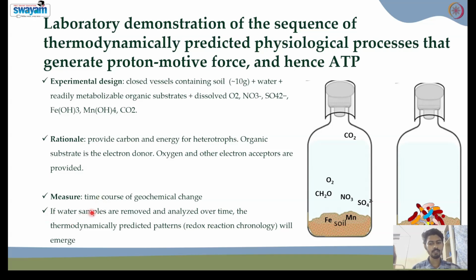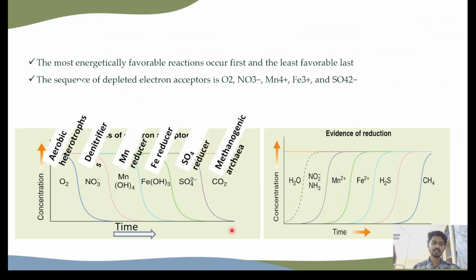And we will remove the water and analyze it, and thermodynamic patterns will be observed. From the graph, we could observe that the most energetically favorable reaction occurs first and the least favorable at the last.